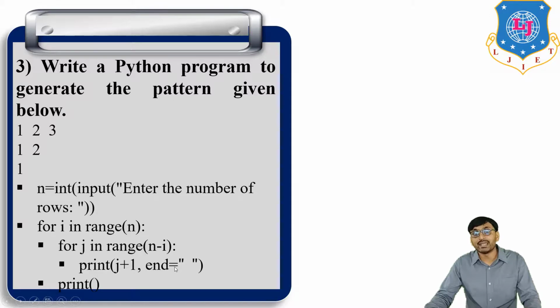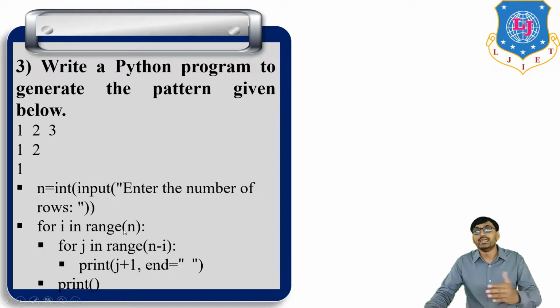And here end equal to space, it means for example j is equal to 0 plus 1, it is equal to 1, then space. Then 1 plus 1, it is equal to 2, then space. Then 2 plus 1, 3, then space. And here we print this parenthesis. For the first element of i, this loop is completed.